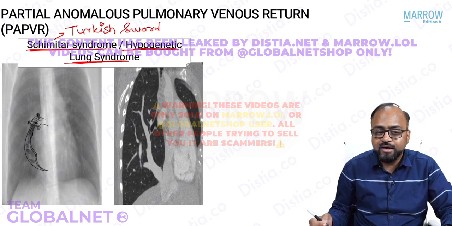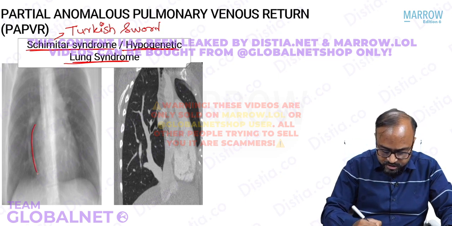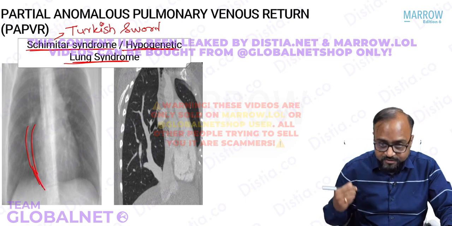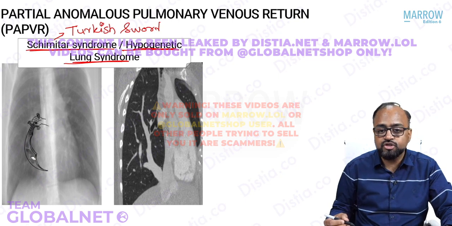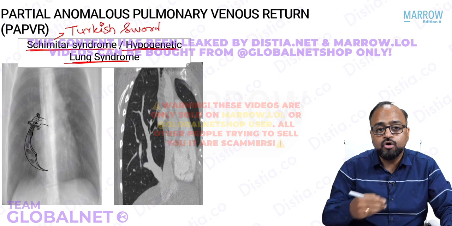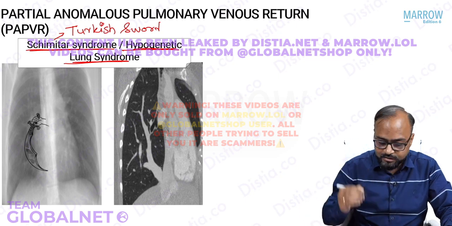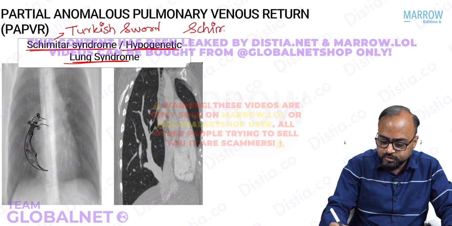And there is an anomalous vein which passes as a linear channel below the diaphragm and drains into the IVC, right? And this is what takes the shape of a Turkish sword. So this is called the Turkish sword sign or scimitar sign. So this appearance is also called the scimitar sign.